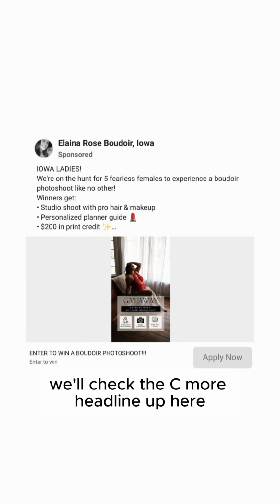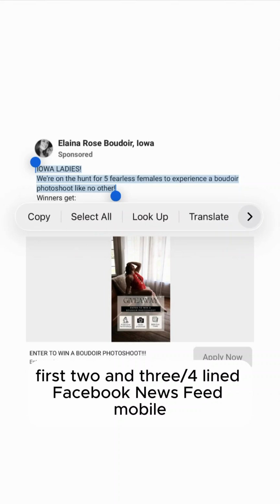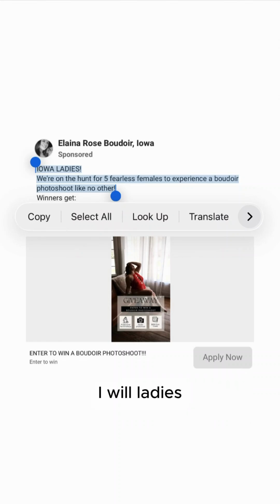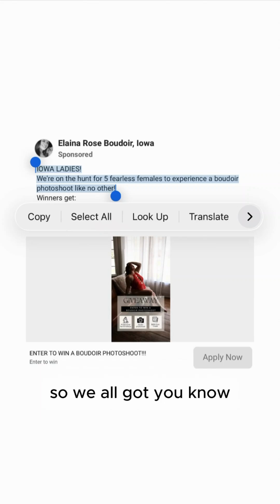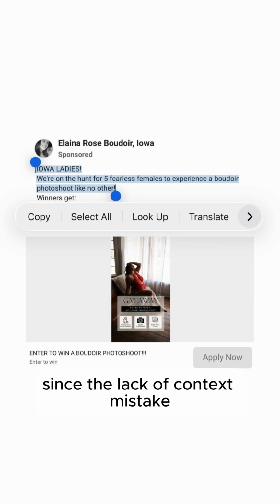All right, finally, we'll check the see more headline up here, the first 2 3/4 lines in the Facebook newsfeed on mobile. All right, let's see what we got. "Ladies, around the hunt for 5 fearless females experiencing Boudoir photo shoot like that." So we only got maybe one piece of relevant context here. So it's the lack of context mistake.